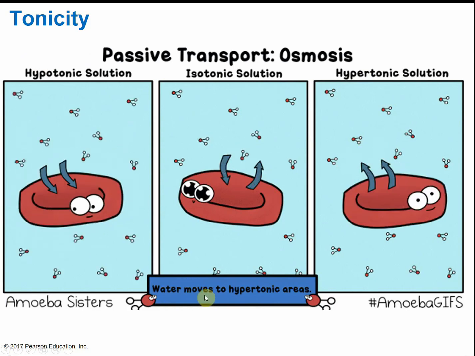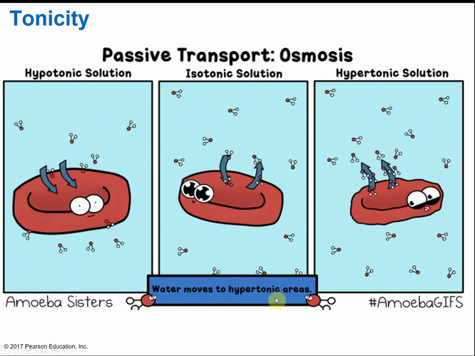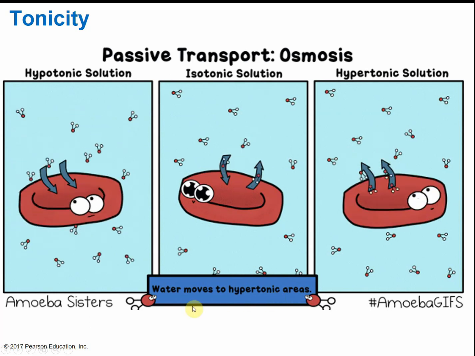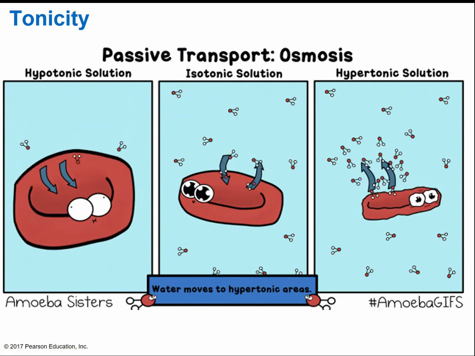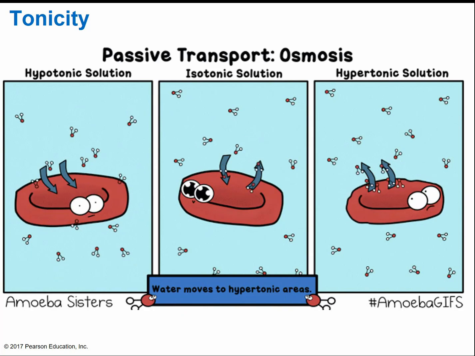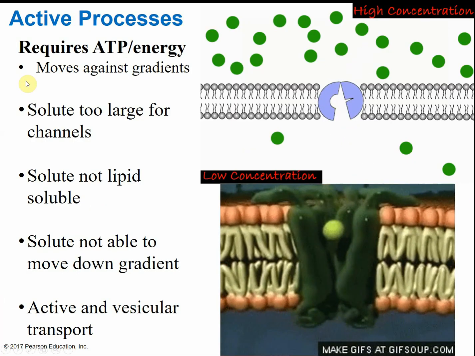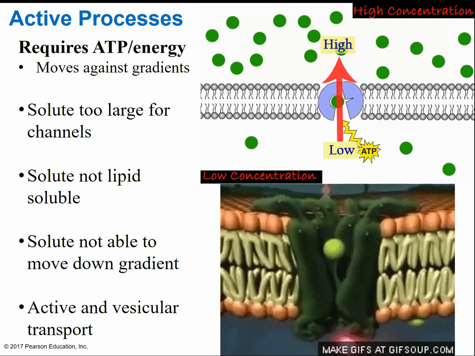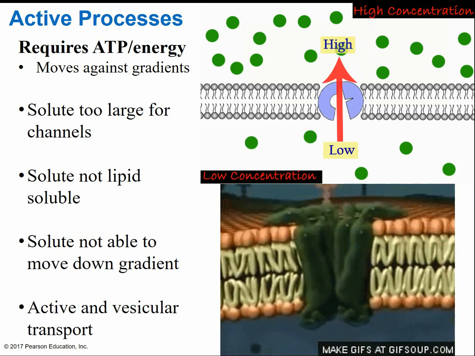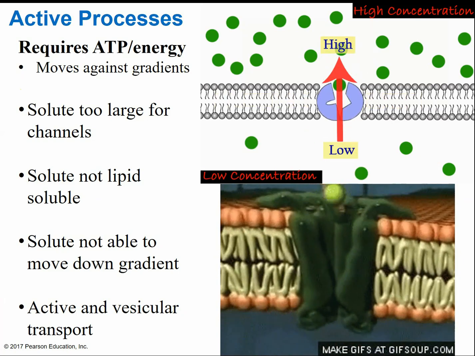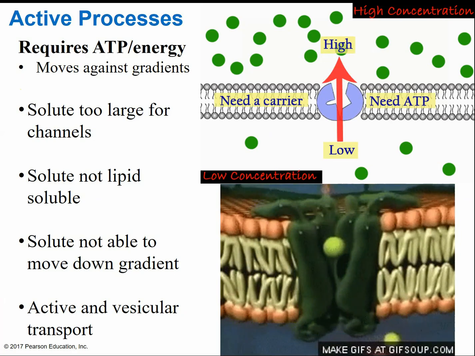Water is always going to move toward the hypertonic areas. So whatever has a higher concentration of solutes, the water will go in that direction to try to dilute that solution. Active transport processes require ATP energy because we're going against the gradient. So we're going uphill or upstream against that natural flow from diffusion.